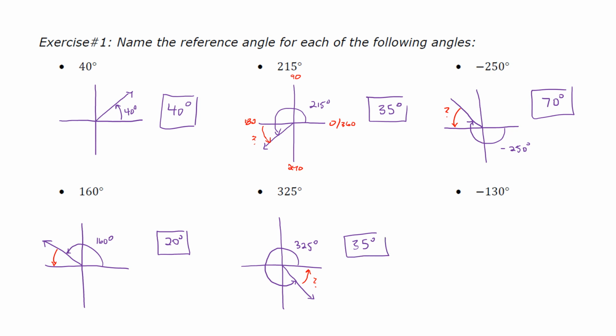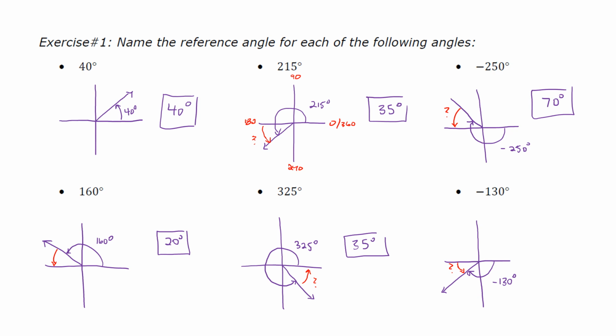And then we have negative 130. Negative 130 is almost at negative 180, so it's going to end up in the third quadrant. Since our reference angle always matches the terminal side to the x-axis, we need to identify what this reference angle would be.